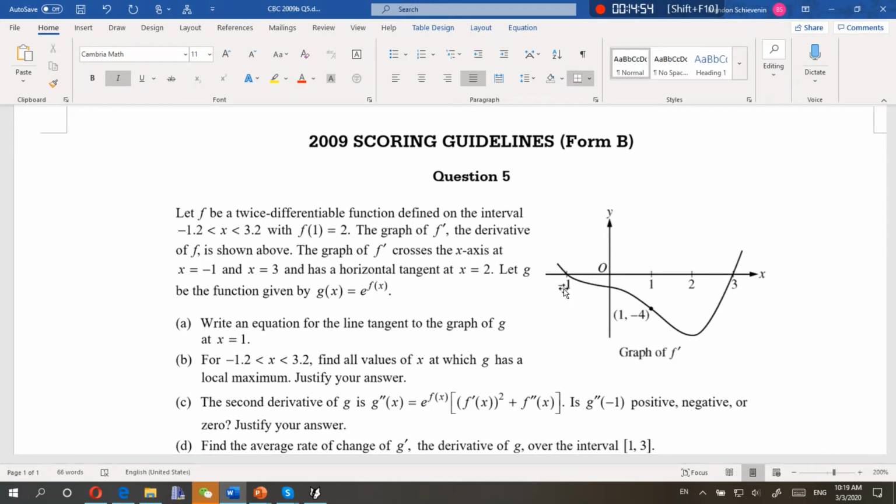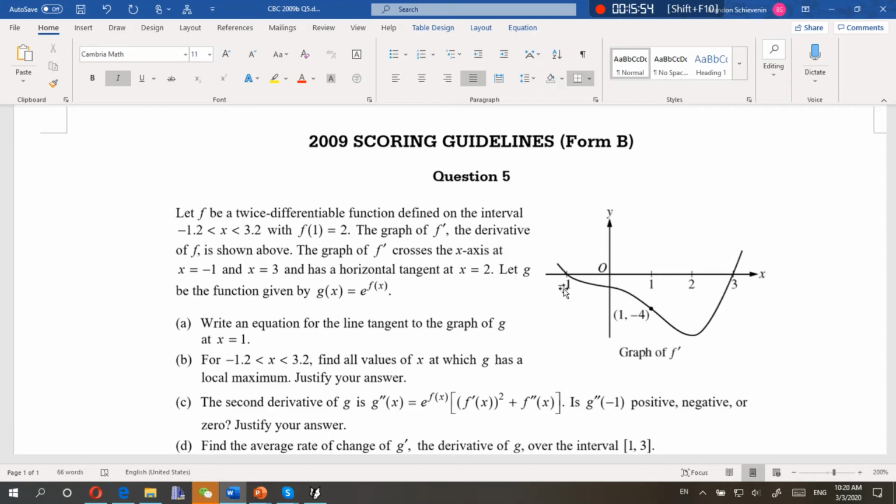What is f of 3? F of 3. Wait, is it 0? No, oh. Isn't it the same value as -1?